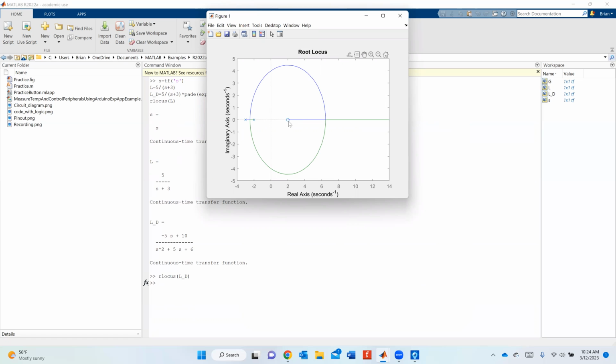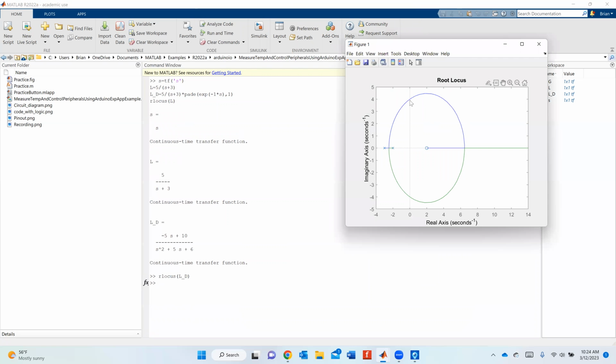And what we're going to see here is that we have to be a little more careful because now your system can go unstable. Notice here it crosses into the right-hand plane, where before it didn't cross into the right-hand plane. So the Padé approximation does make your system unstable, so you have to be careful about that when you use it.